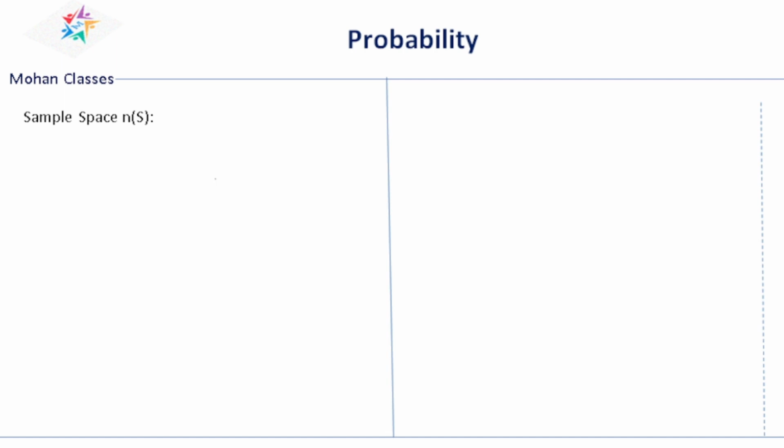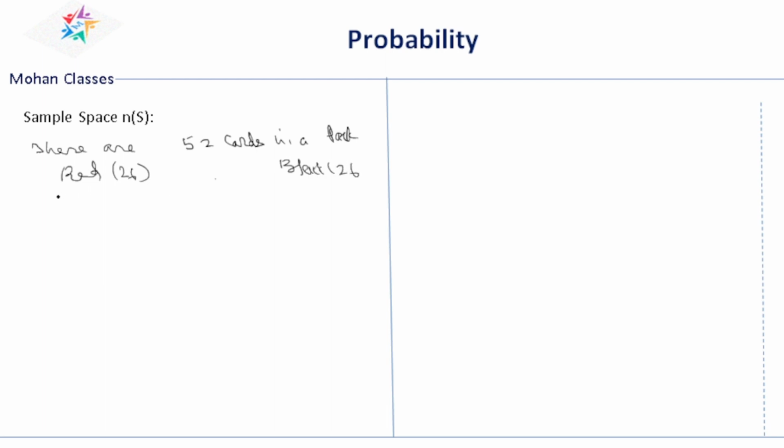Now we are going to talk about playing cards. How many cards will be there in a pack? There are 52 cards in a pack, right? In that 52, red will be 26 cards and black will be 26 cards.